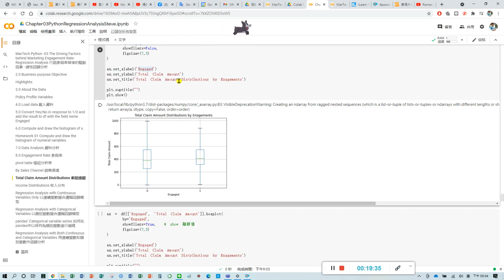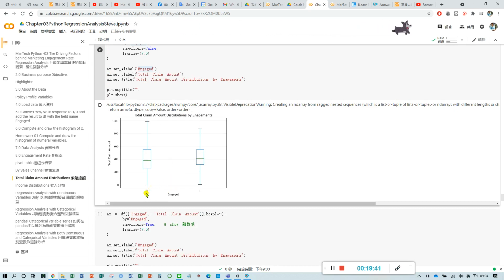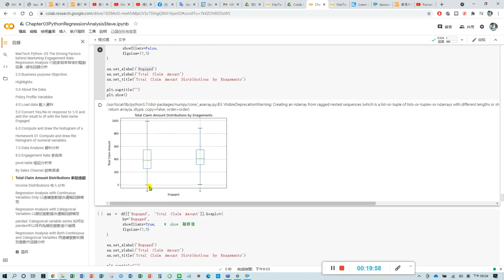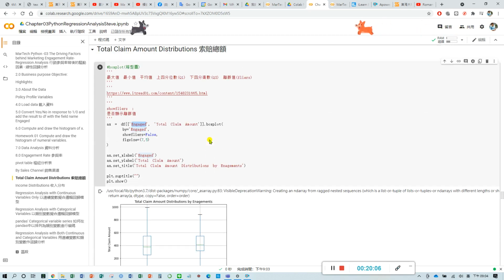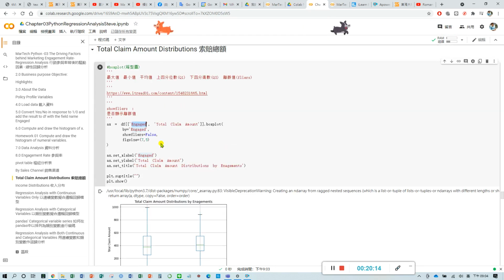Engaged here is X. It separates into 0 and 1, because engaged has 2 types, right? The total claim amount is Y, so you have X and Y. So I draw the x-axis with engaged, the types 0 and 1, and the y-axis with the total claim amount, 这个量, the value for Y.